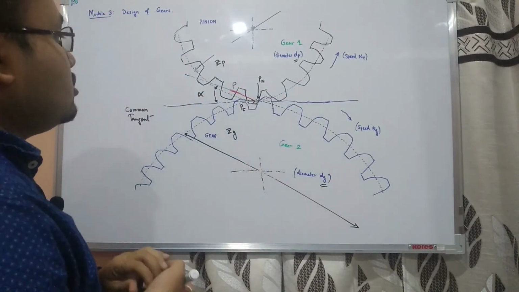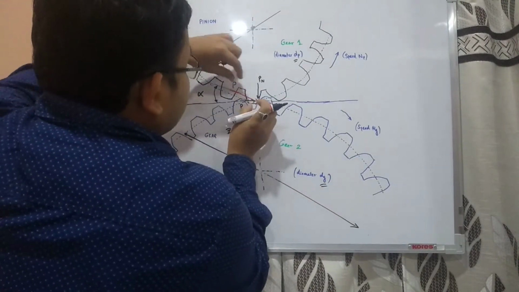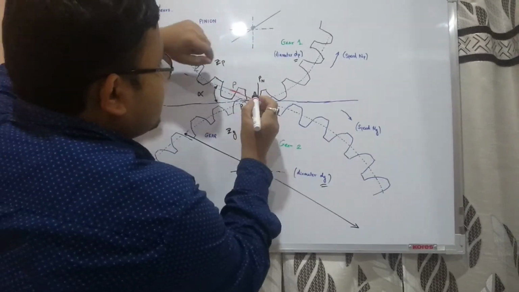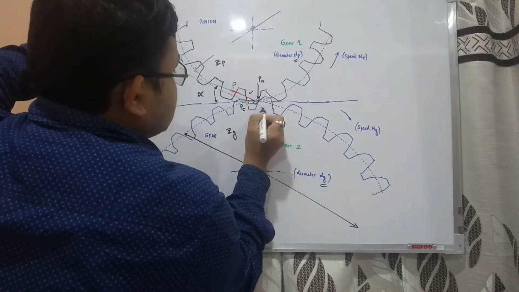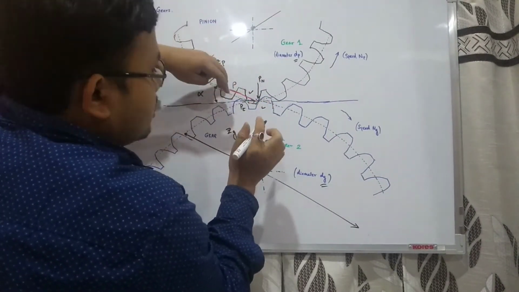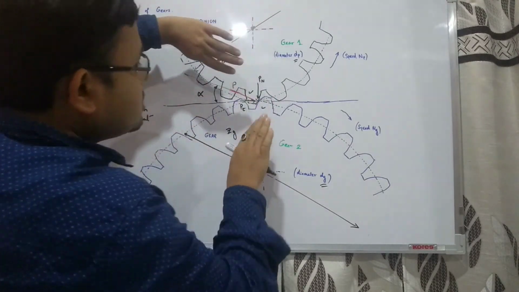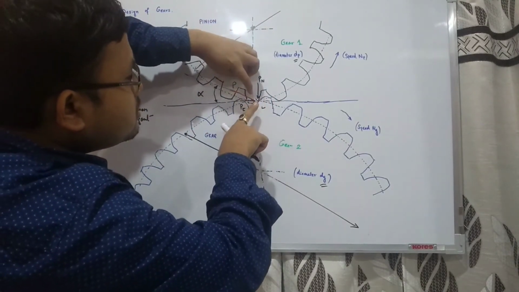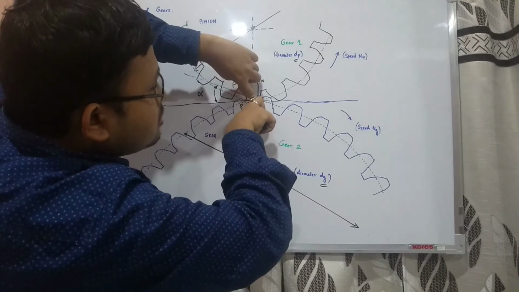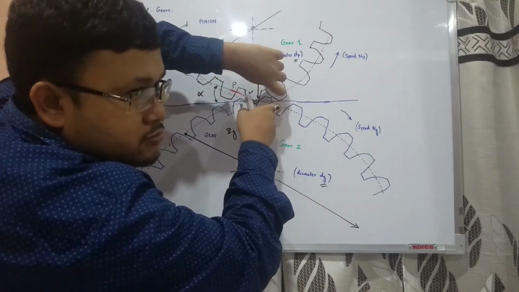Now you see this gear tooth, particularly this one and this one, they are in contact, and since this is driving, this gear tooth is pushing the other gear tooth in this manner, like this.